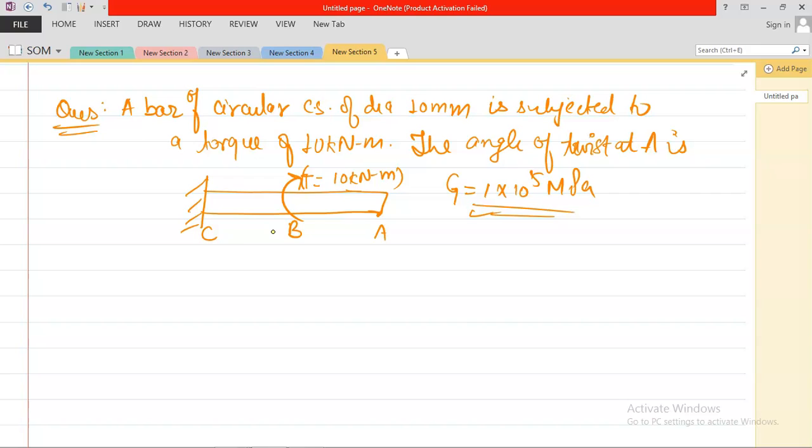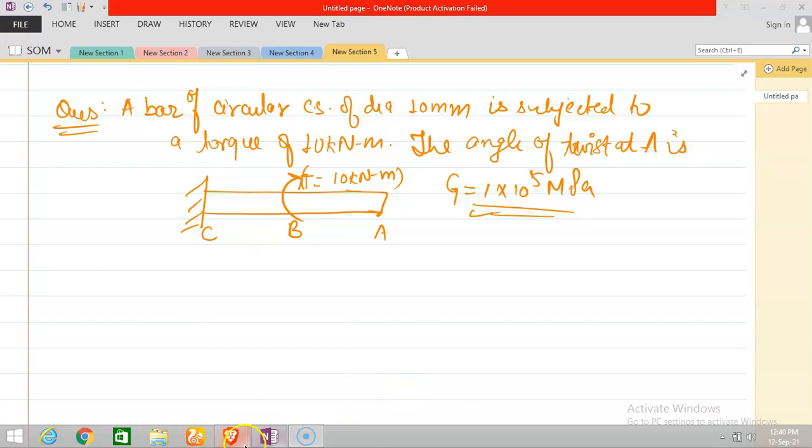Hello. Anyone has attempted? What is the value?